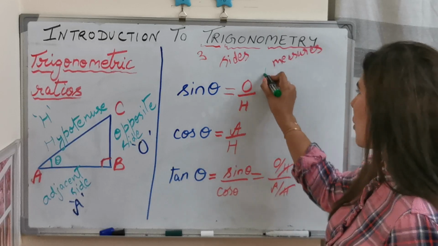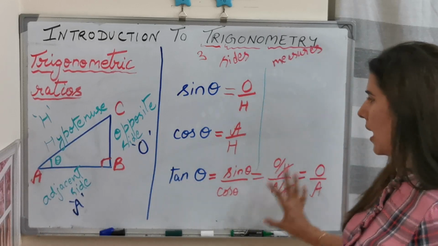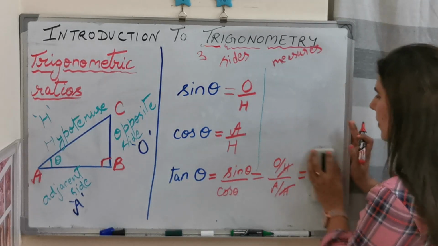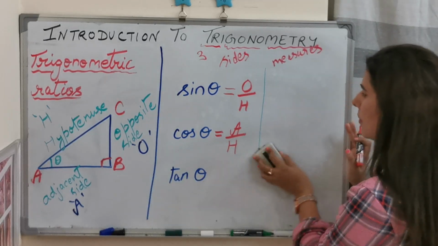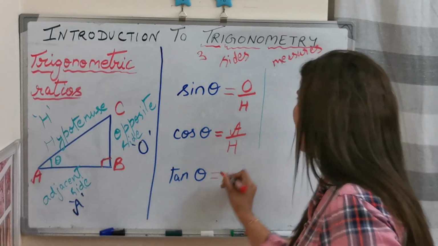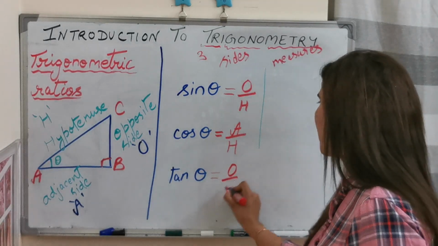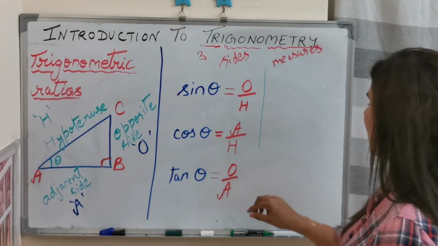Now to deal with the rest of the trigonometric ratios, here I am just clearing it so that you can write here the value sine by cos. So it will be opposite by adjacent.